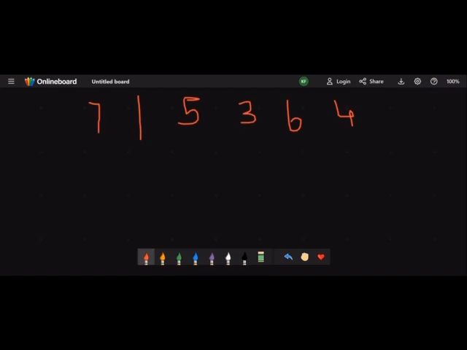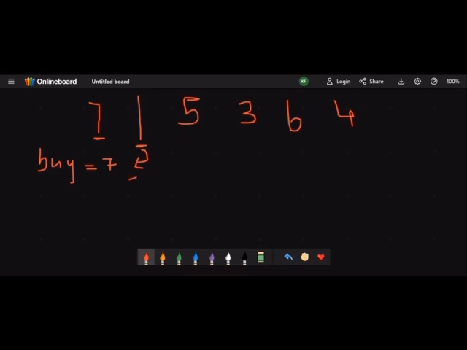Let me quickly show you what I mean. Let's say I am buying for 7. I bought something for 7, and I am deciding to sell it on the next days to check whether I get any profit.